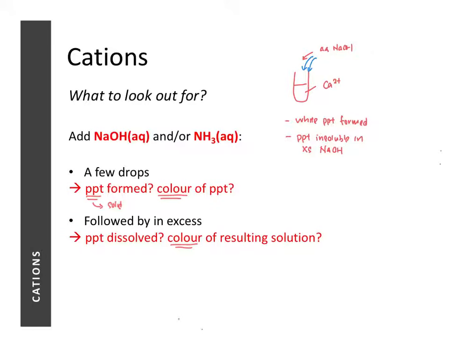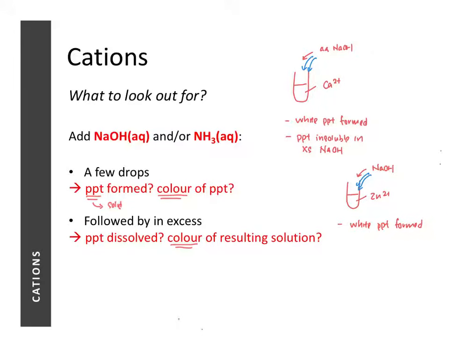I'll give another example. In this example, I have zinc ions. What happens when I add aqueous sodium hydroxide dropwise? Again, I will see a white solid forming, a white PPT. And then in step number 2, when I add sodium hydroxide in excess, I will find that the white precipitate disappears.